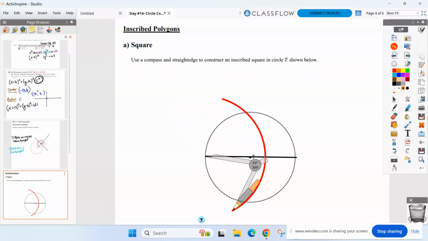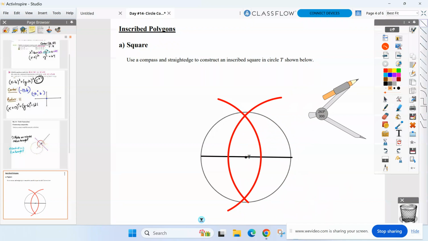Head on over to the other point of intersection. And hopefully when you line up the two points of intersection, your center is included there as well.